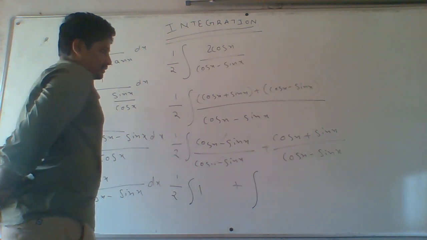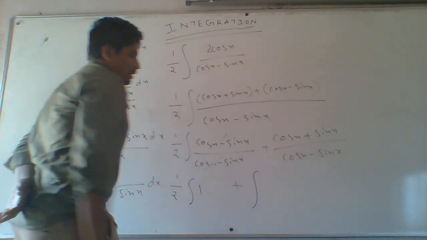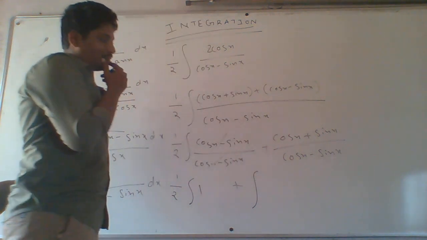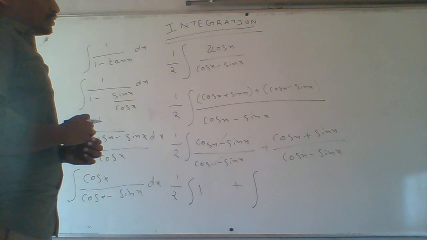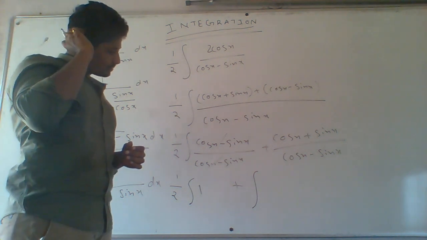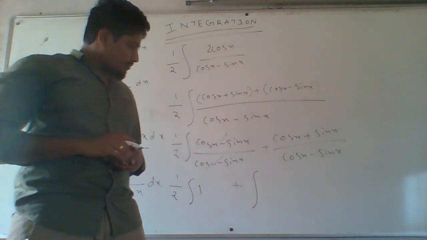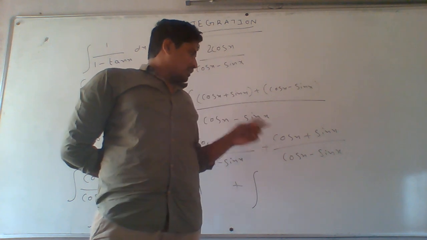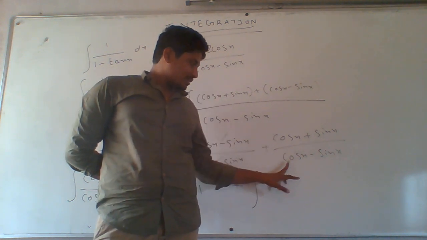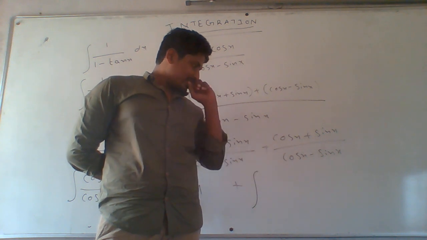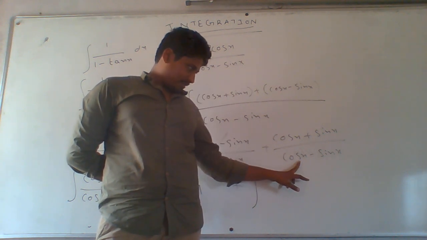See here, here we have to do the substitution method. What is the derivative of this particular thing? For cos x, the derivative of cos x is minus sin x.